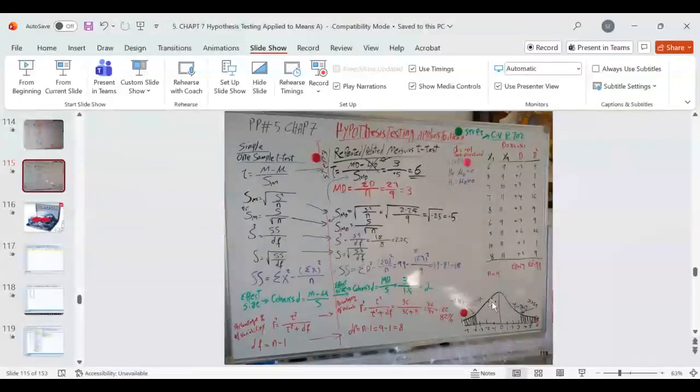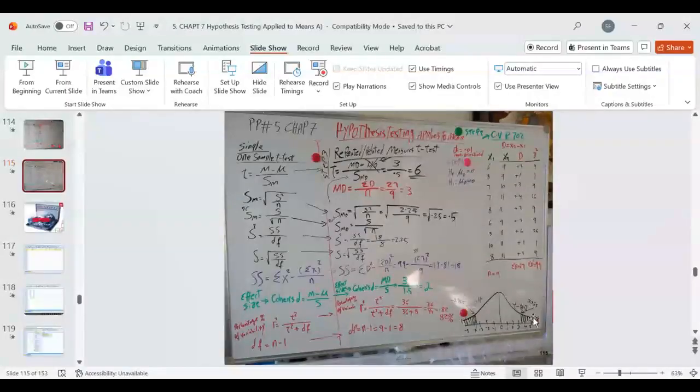Step 2, we need to find out the critical value of T. We already did that, and we draw our T distributions, with the df being n minus 1, which is 8, and then alpha 0.01.